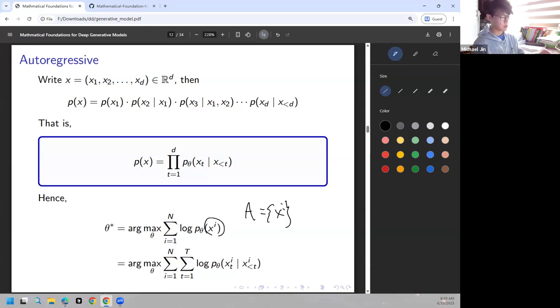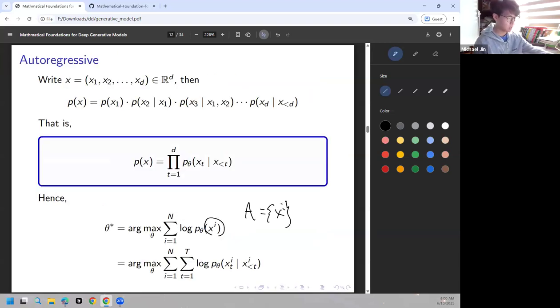So we want to maximize the sum of all log probability of the samples. We can expand it, so we maximize, summing over all samples and summing over all steps, the log probability of xti, given that the sample xi has the t minus 1 components being drawn, right?